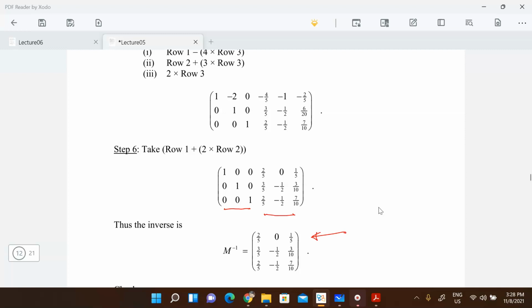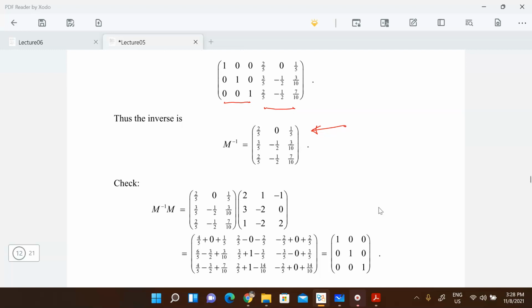And that will do the job. If you want to be sure, you can check the new M inverse that you have obtained from row reduction technique, multiply with M, that should give you the identity matrix, and in this case it works.